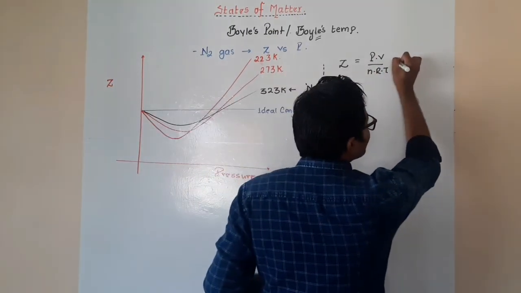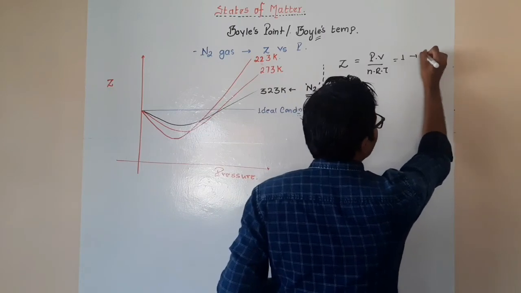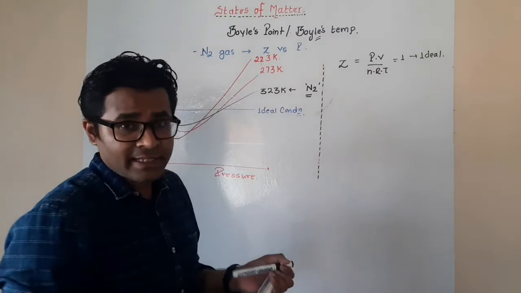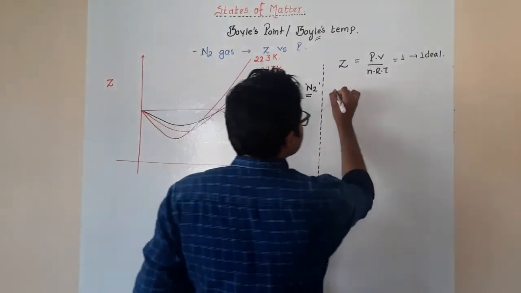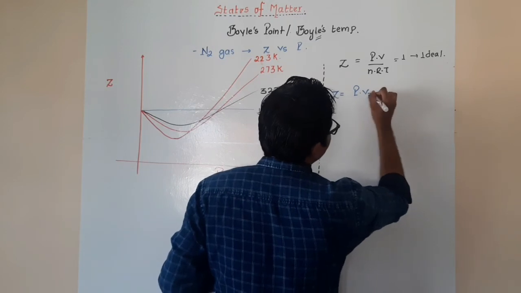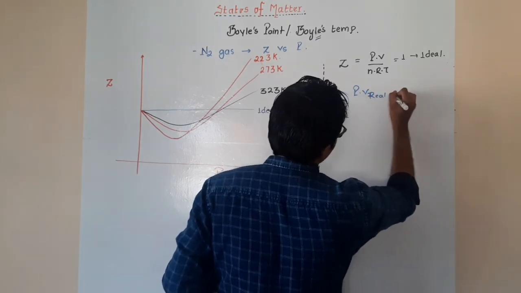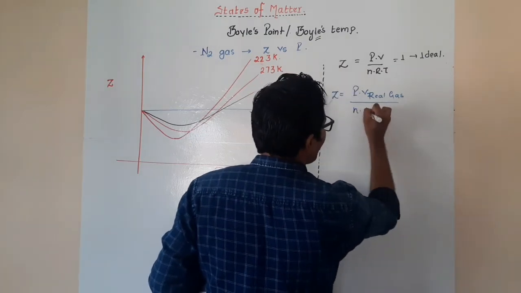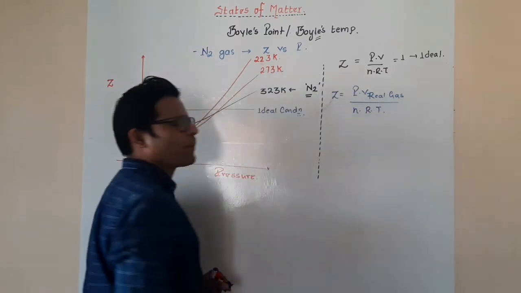If this is equal to 1, then that becomes an ideal condition. Now for a real gas, Z is equal to PV of a real gas, the whole thing divided by nRT. Am I right at this point?